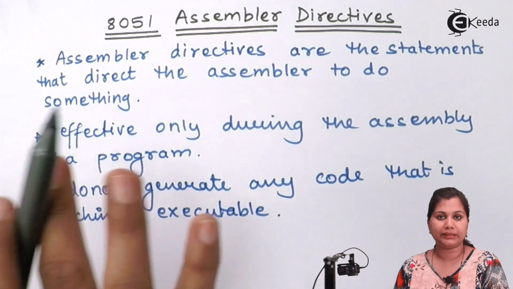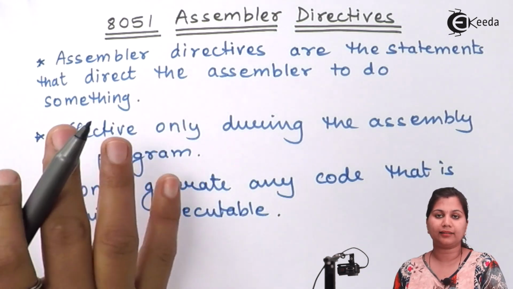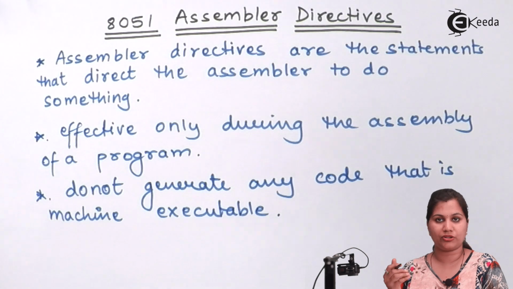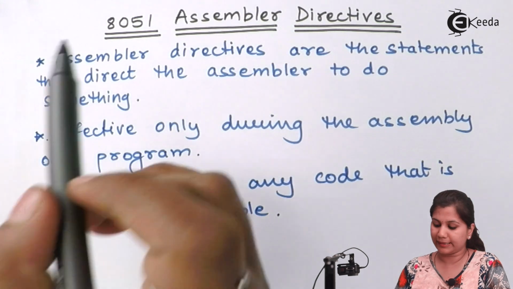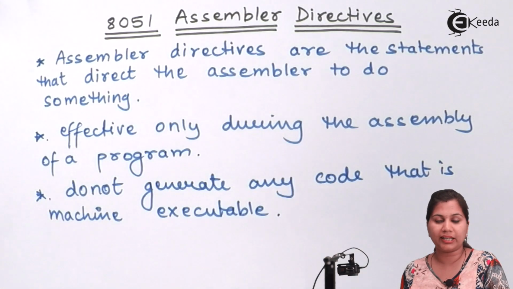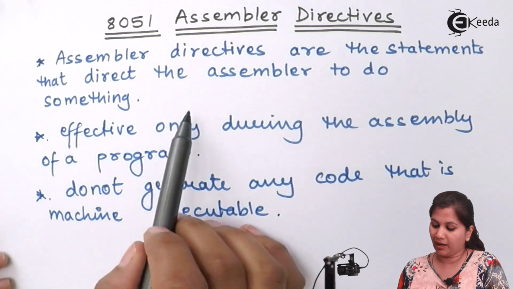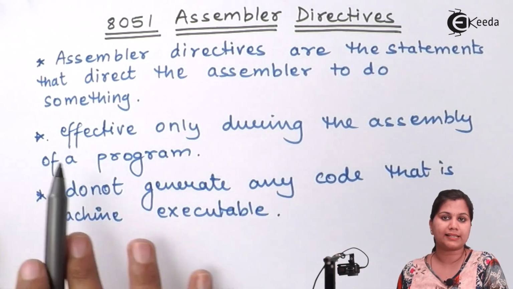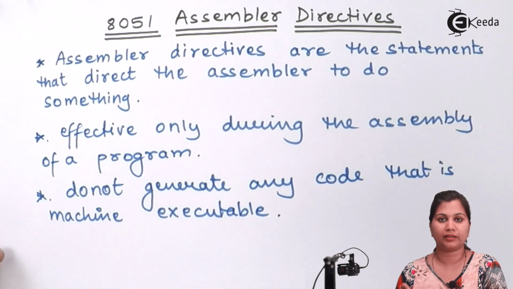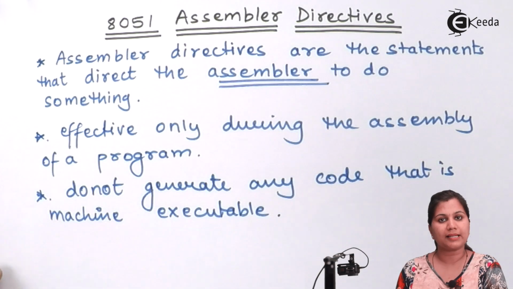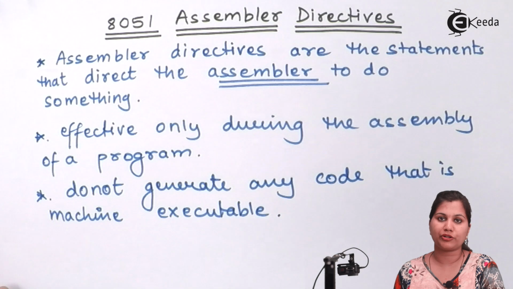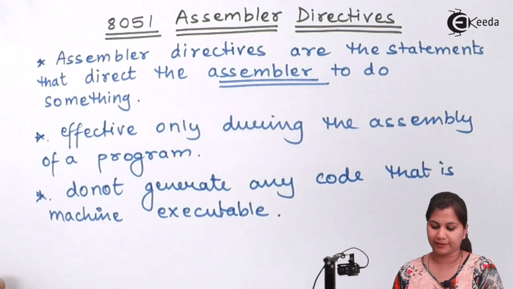Assembler directives are just like some statements or instructions, but instructions are converted into machine code, whereas directives do not generate any code. They are given to the assembler, and then the assembler performs the operation related to that directive.